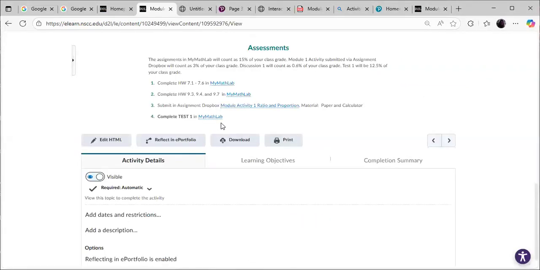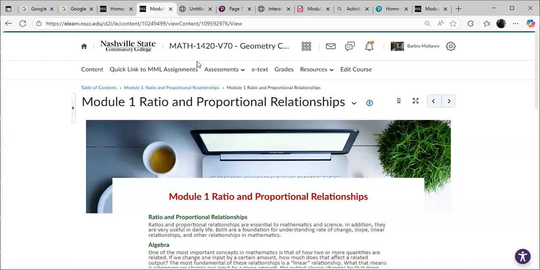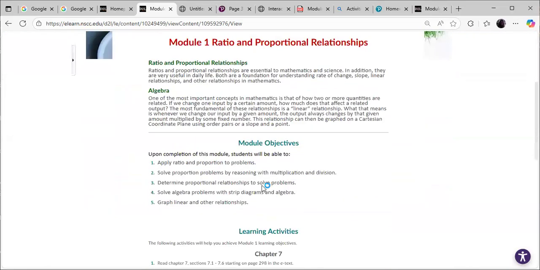Okay, so that's pretty much the overview of the first module. So I'll send you a PDF of the syllabus and the course schedule.